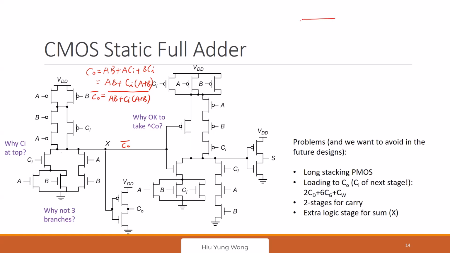Basically, I'm asking, why don't I just do this? CI A, CI B, CI C. Why don't I do that? Anyone want to help me? Really, no one? You already did your midterm.